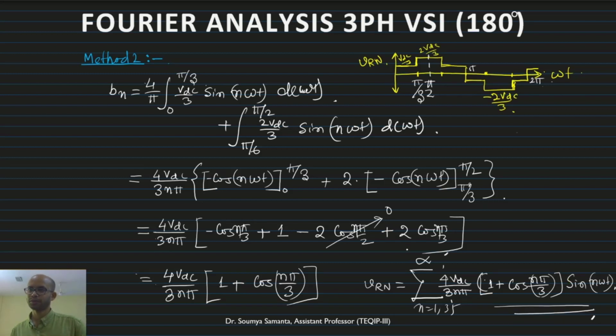This is the final expression. So if you compare this one with the previous one, you will get the matching answer for a particular value of n. And for 3, this is pi. So this part will change. Okay, so this is the 180-degree mode of operation.